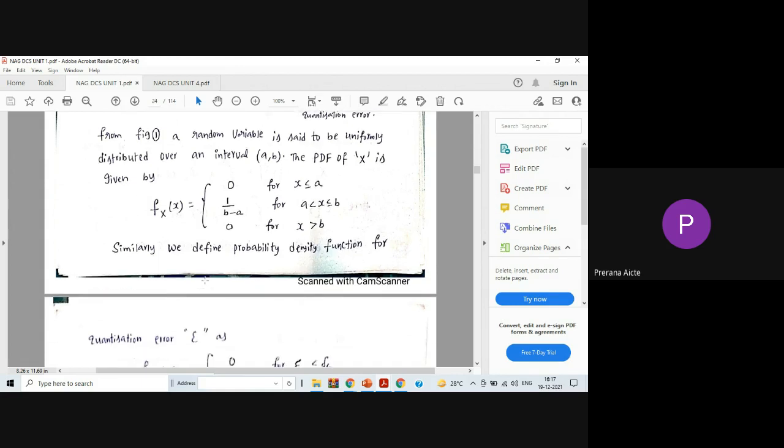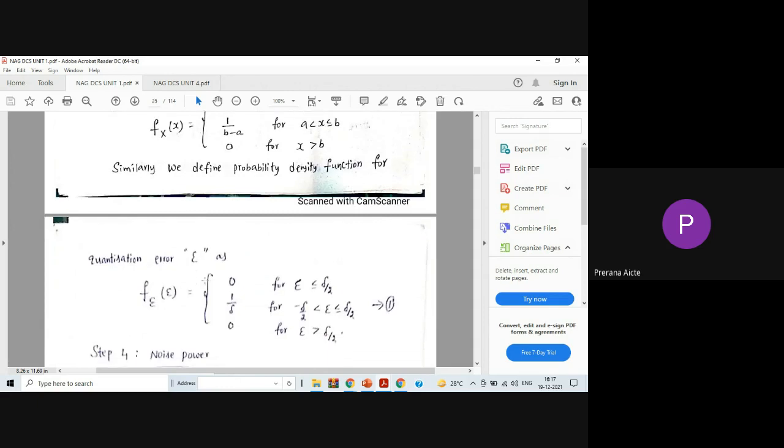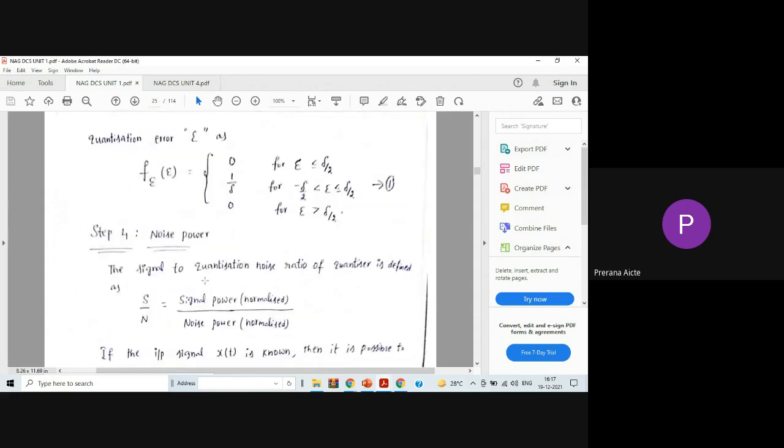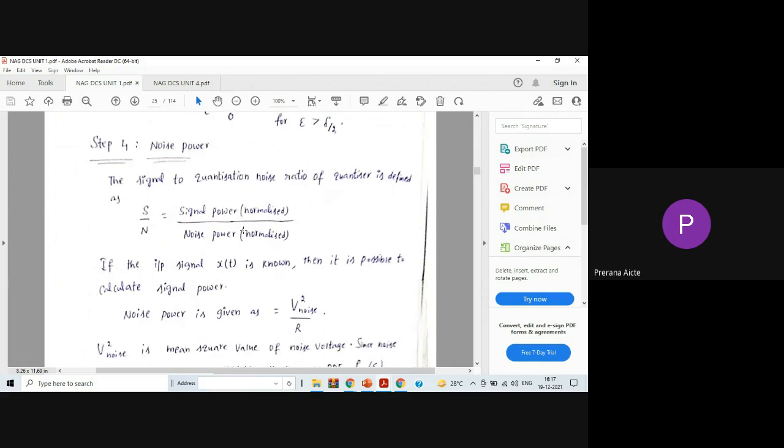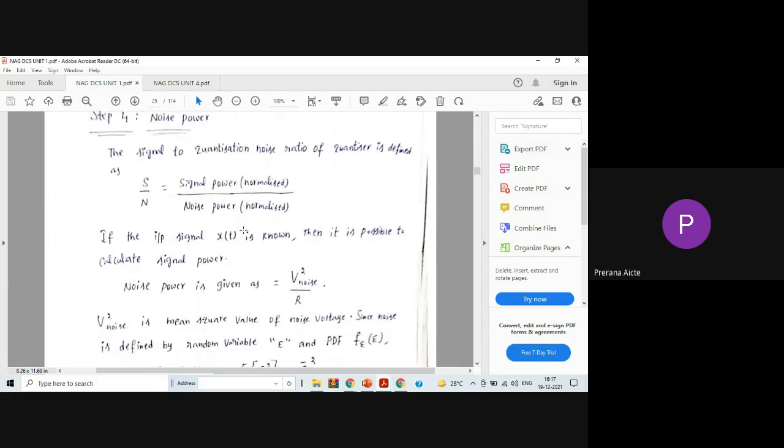So we define the density function for quantization error as f epsilon of e equal to 0 for epsilon less than minus delta by 2, and 1 by delta when it varies between minus delta by 2 to plus delta by 2. Okay. Then step 4, define the noise power.